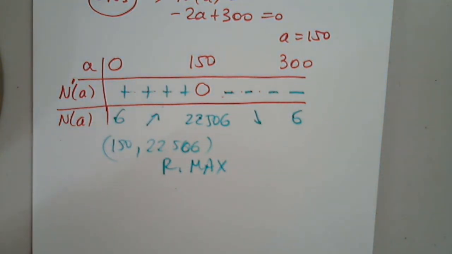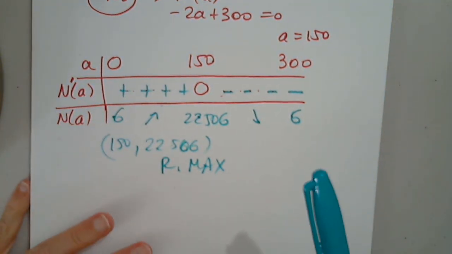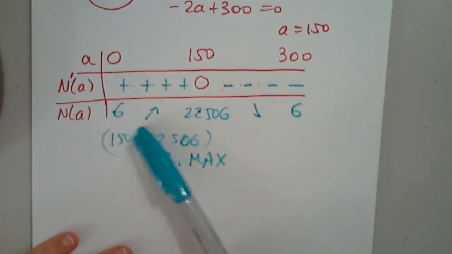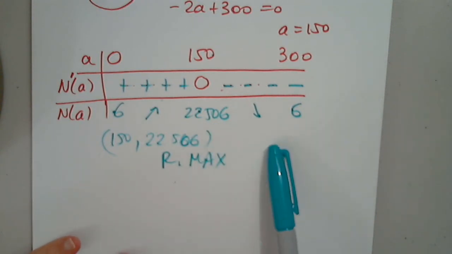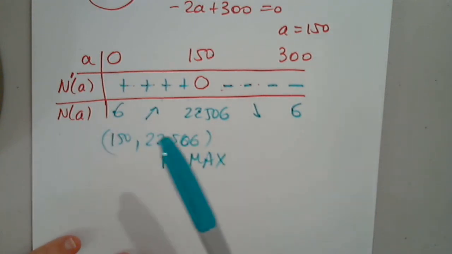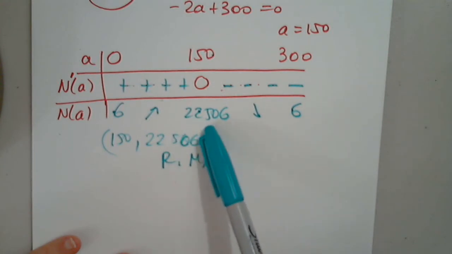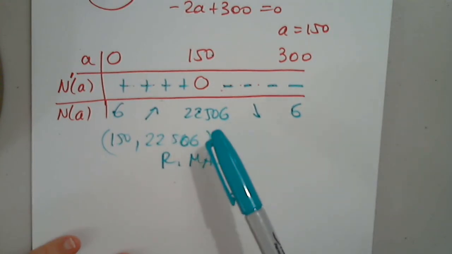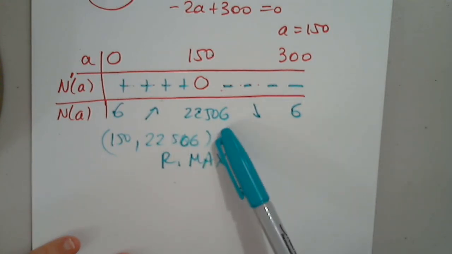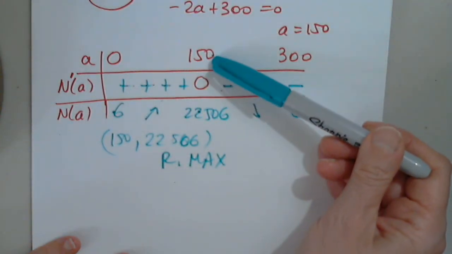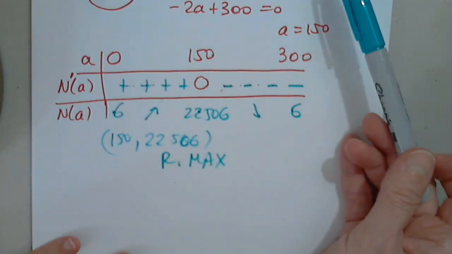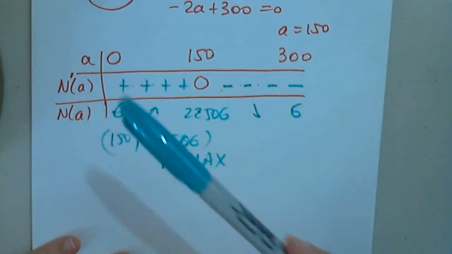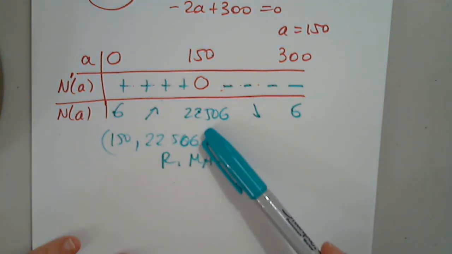So what would you tell the manager if you're going to work for a production unit? Sir, ma'am, if you want to get the maximum possible number of units sold, spend 150,000 on advertising, and this is your absolute maximum.